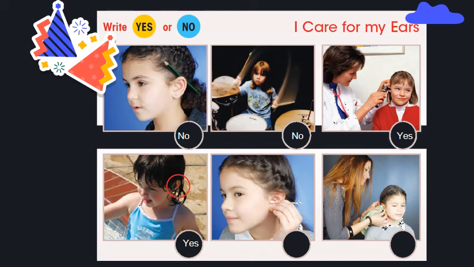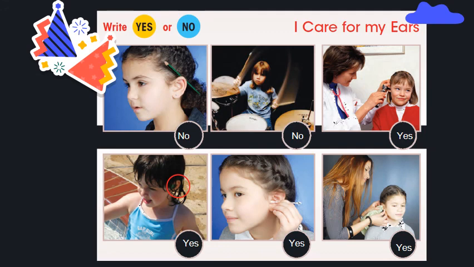Here we can see the girl trying to clean her ears alone, and in the last picture we can see the mother trying to clean her daughter's ear. So which one is the good behavior? Which one is the bad behavior? Of course we should not clean our ears alone. So here we should write no, and here we should write yes.